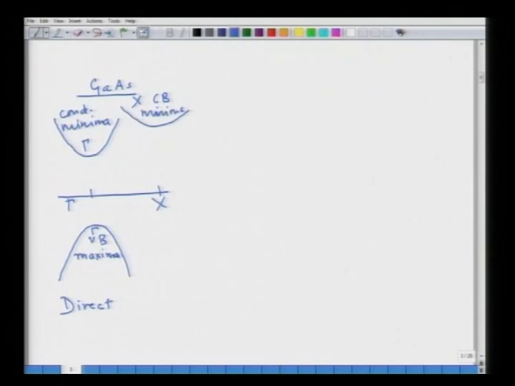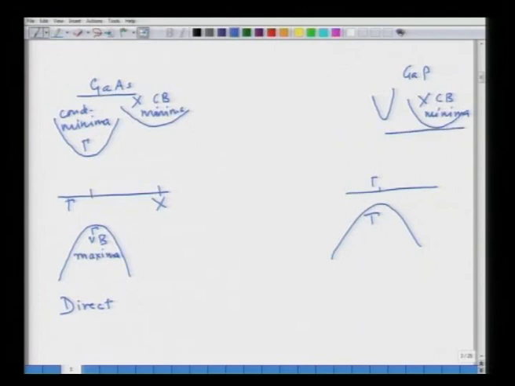So, if we look at gallium phosphide, this is an indirect band gap material, and basically it has a similar band structure. The only thing is that now, with the change from arsenic to phosphorus, what we find is that the X conduction band minima is at the lower value, while the maxima remains at gamma.